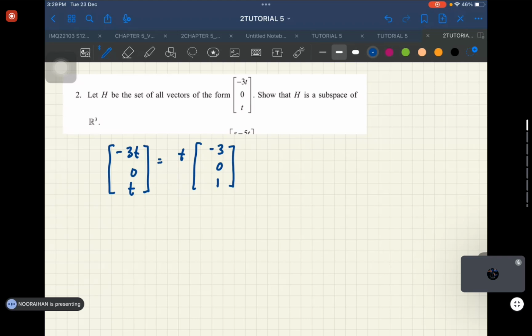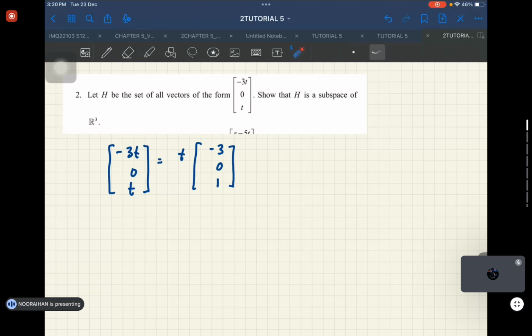Okay, so this is H. Whenever you see one parameter t, think of span.